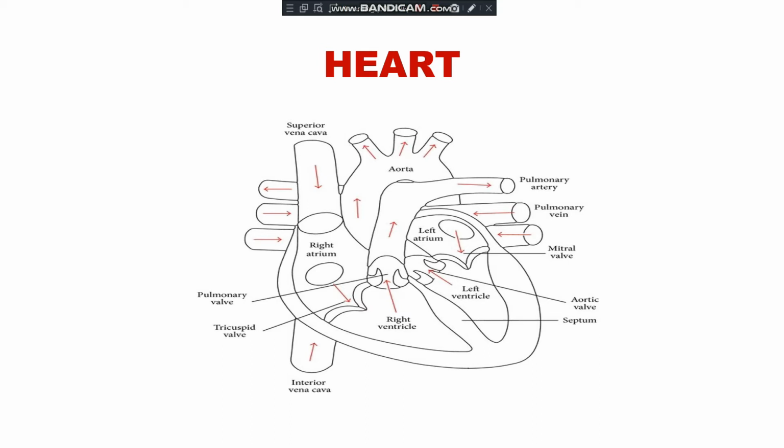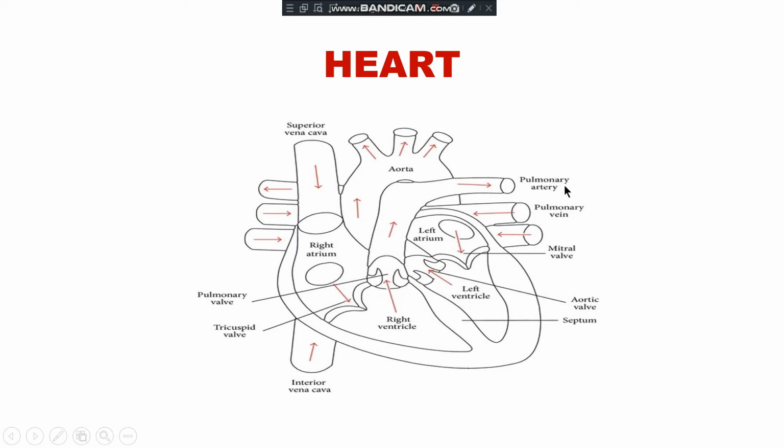From there they collect the deoxygenated blood and bring it to the heart. So through the vena cava, the deoxygenated blood comes to the right atrium. Clear? Then this blood goes to the right ventricle. Clear?